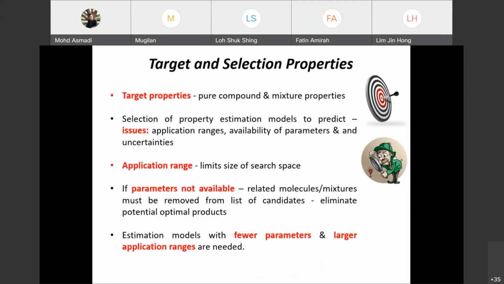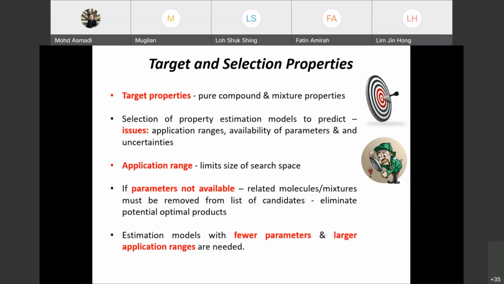For CMD or CMPD, the target properties usually include pure component as well as mixture properties. Also there are additional issues in the selection of property estimation models: application range, availability of the parameters like boiling point and melting point, and also uncertainty.